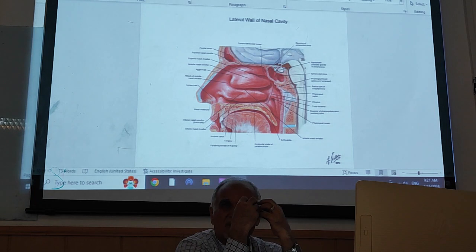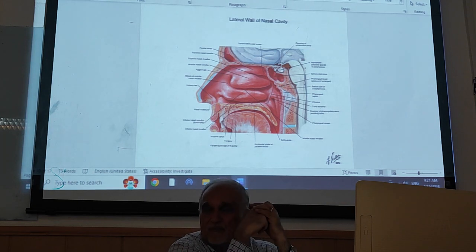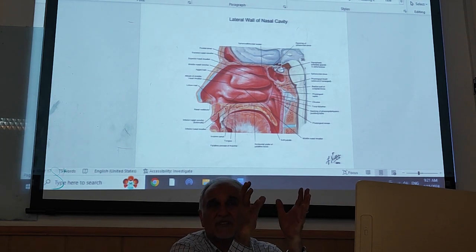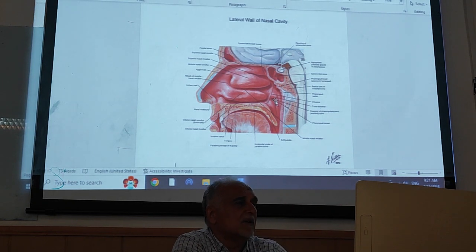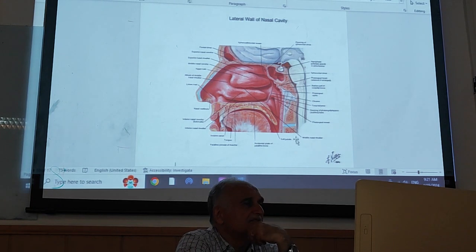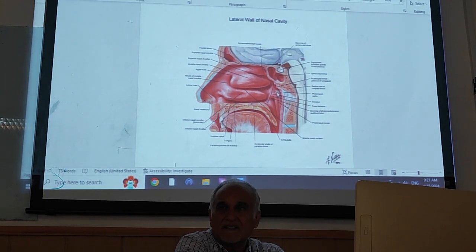Yes, sinusitis is an inflammation of the mucosa of this part that surrounds the nasal cavity or bones that make our face and head. And here again we can see the soft palate, this part, and the adenoid that I mentioned to you is this part.